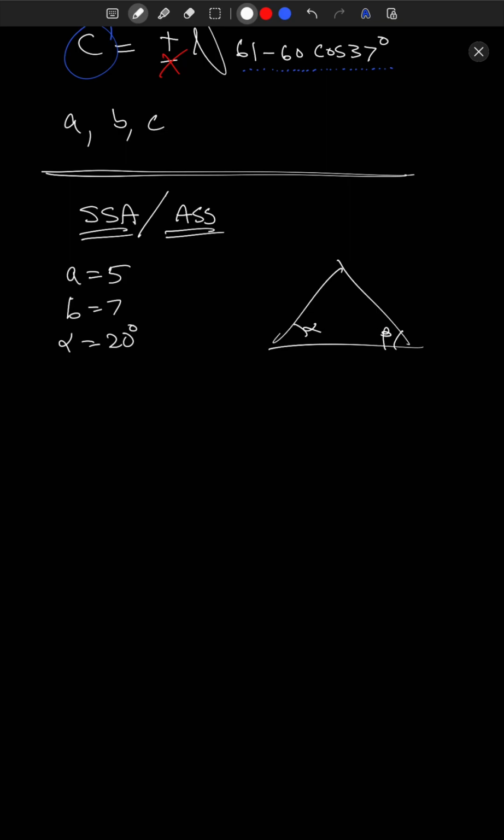So alpha, beta, gamma, A, B, C, right? We know this guy, we know B, and we know alpha, right? So ASS, all right? Okay, the point is two consecutive sides and an angle. You could read it A, B, alpha as well; that would be SSA.